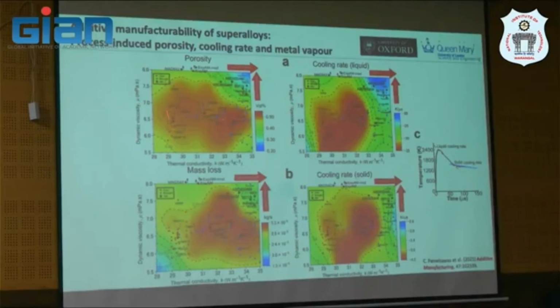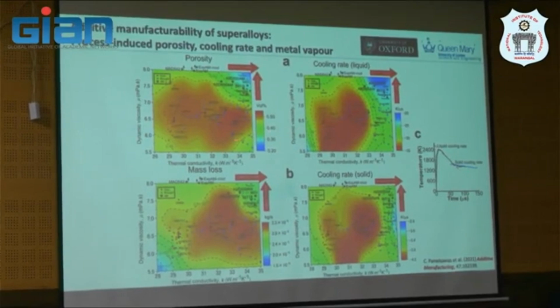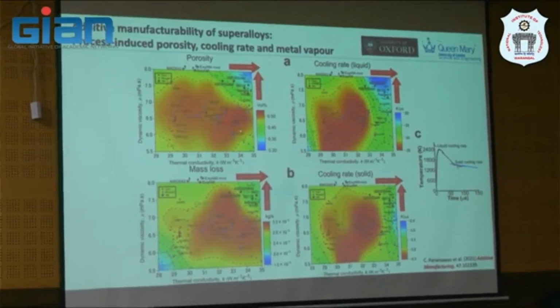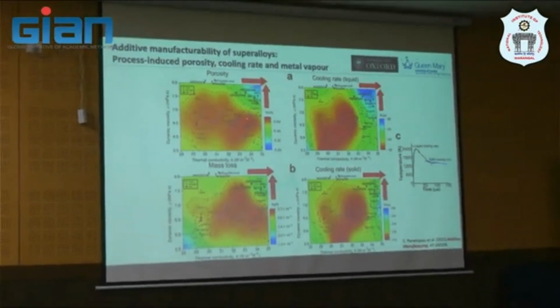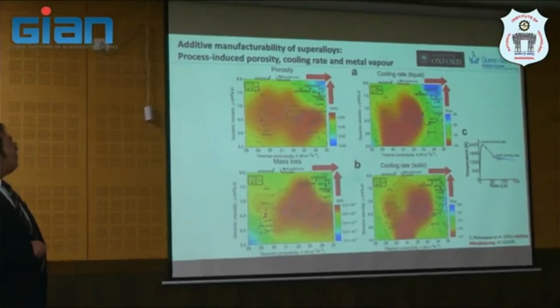So we vary two things, which are viscosity and conductivity. And then when I map, again, I have to say I mapped 100 nickel-based superalloys available in literature into this map. The blue dot represents wrought superalloy. The red dot represents cast superalloy here.